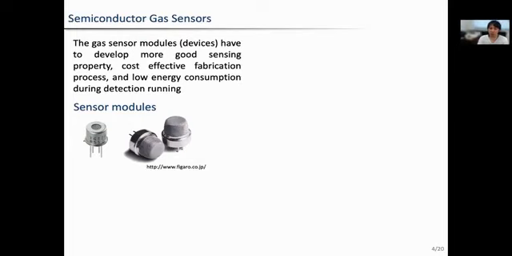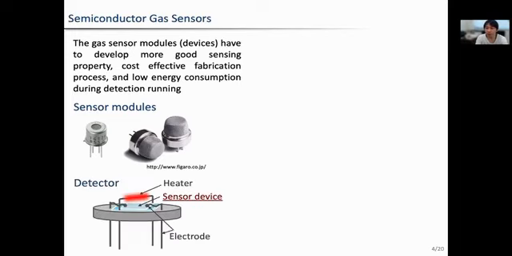Of course, the sensor devices have to be developed with better sensitivity, a cost-effective fabrication process, and low energy consumption during running. These figures and schematics show the traditional semiconductor gas sensor module and devices.